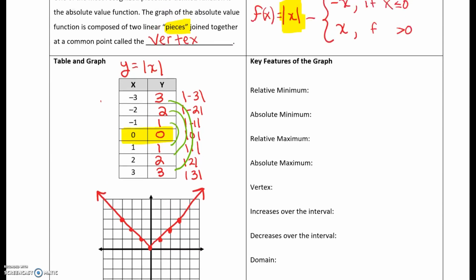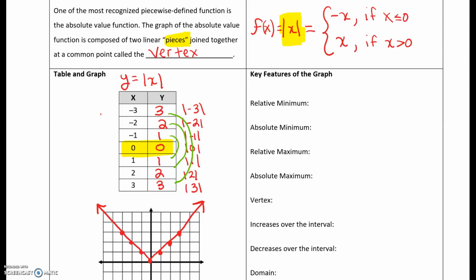So I would like to refer back to this piecewise defined function up here. If you look here, this negative x is this piece, and this positive x is this piece. Therefore, it's going to make a V shape. So it's 2 pieces with a restricted domain going through 0.